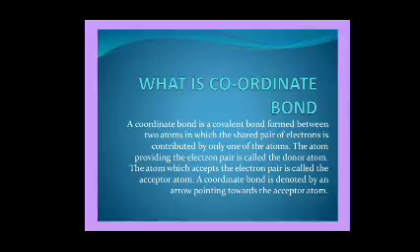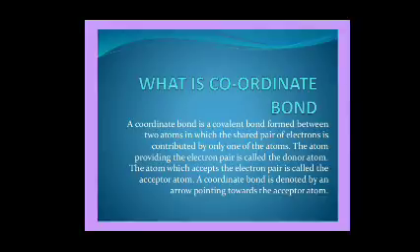A coordinate covalent bond is formed by overlapping a doubly filled orbital with an empty orbital of another atom. The atom which contributes the electron pair for sharing is called the donor atom, and the atom which accepts the electron pair is called the acceptor atom.